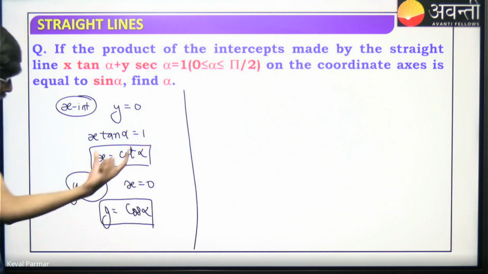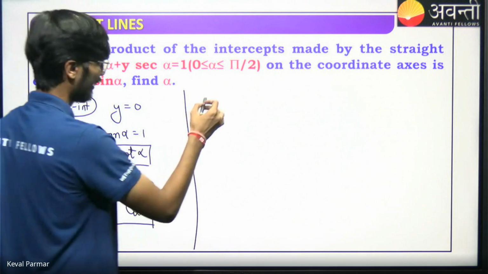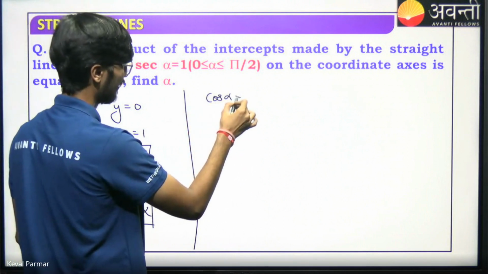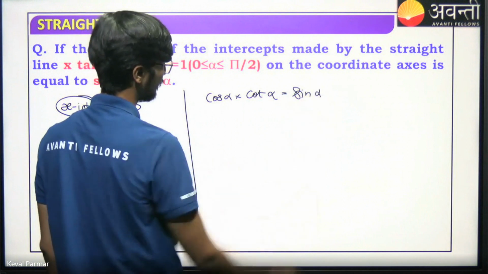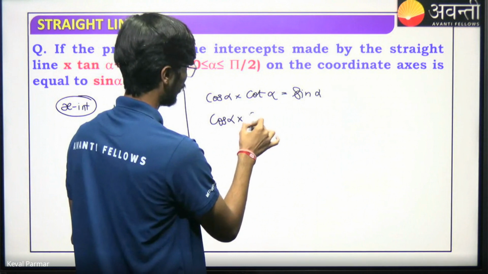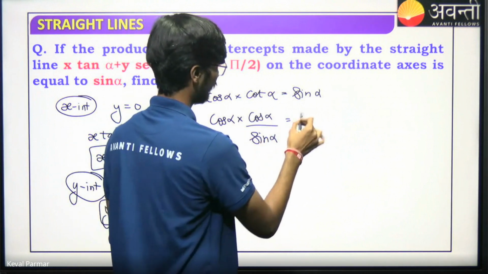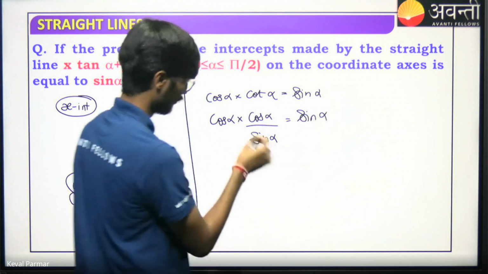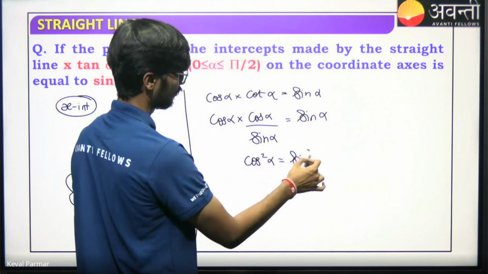So let us multiply these two. If I multiply these two, I'll get cos alpha into cot alpha, and it is given as sin alpha. So cot alpha is cos alpha upon sin alpha, which equals sin alpha. So this will become cos square alpha equals sin square alpha.